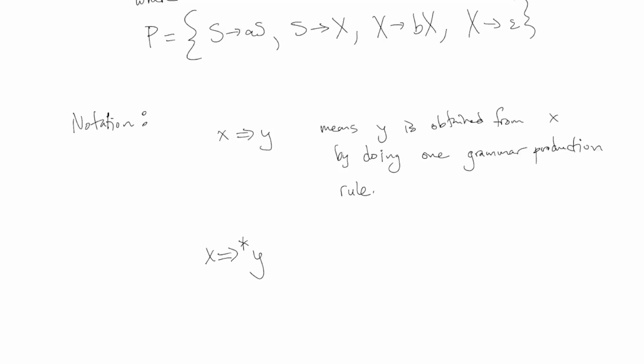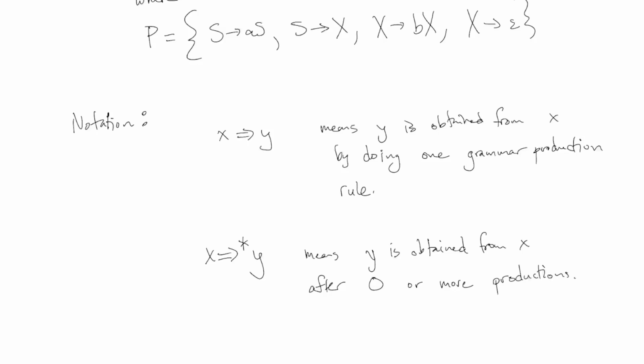So this means Y is obtained from X after 0 or more, which is always what the star means, productions.